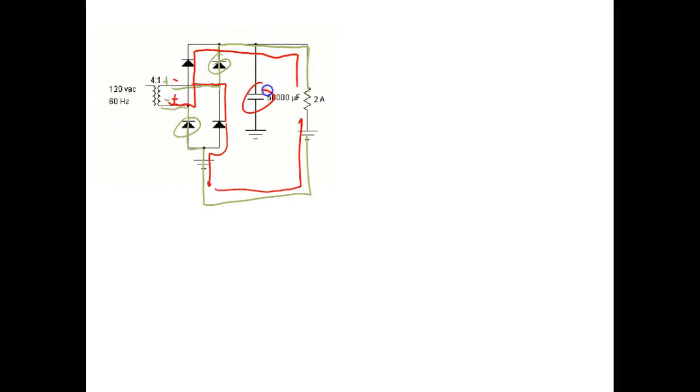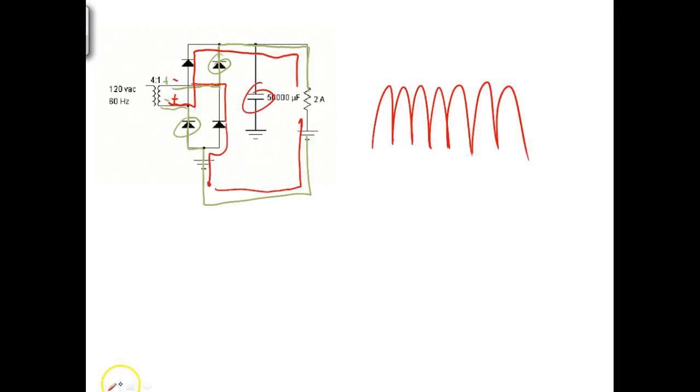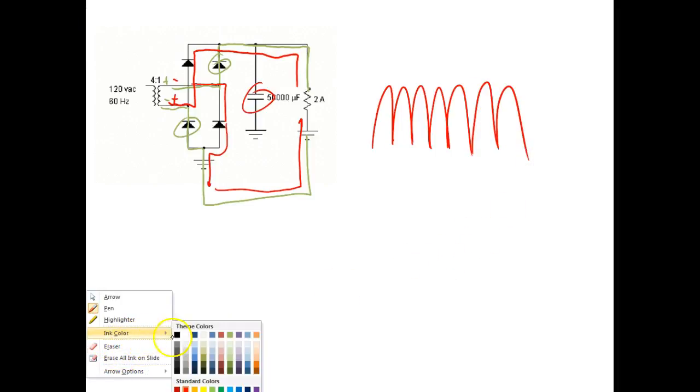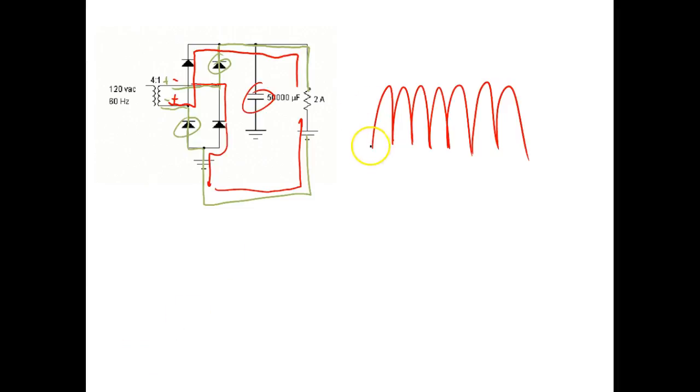But as soon as we add that capacitor, then it's no longer pulsing to 0. So what happens is that even though the pulsating DC is doing this, so this is what we're getting out of our diodes, right? You understand? Well, what happens when the capacitor comes in, what does it do? Well, it charges up instantly. The only thing that's limiting the charge is the resistance of the transformer. Transformer has almost no resistance at all.